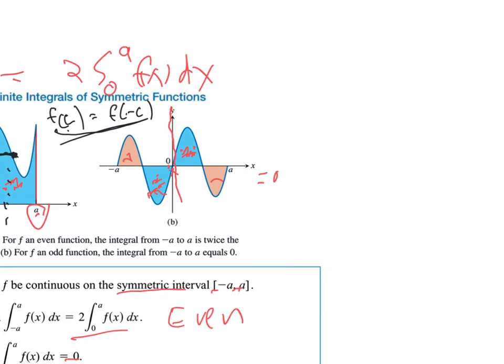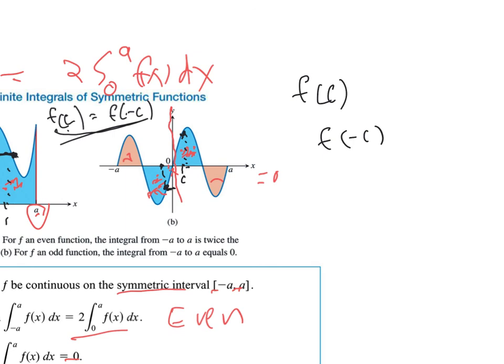Odd is if you have f of c, let me go here, c, gives me a height. If I plug in f of the negative c, it's the same distance this way, but the height is negative.